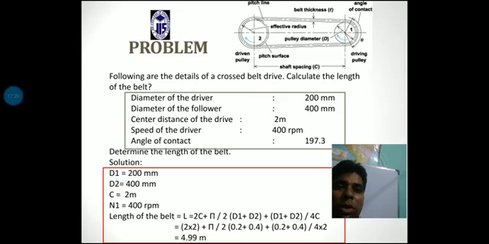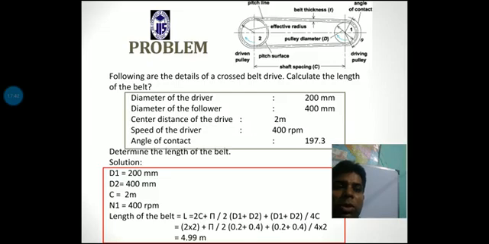So suppose the diameter of the driver is 200 millimeter, diameter of the follower 400 millimeter, and center to center distance is 2 meter. The speed of the driver is 400 rpm, and the angle of contact, that means the theta angle, theta is 197.3.